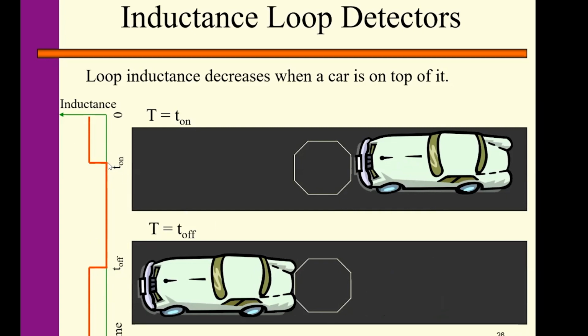Because of the inductance decrease, we can measure when the front bumper of the vehicle occupies the sensor and when the rear bumper leaves the sensor. We call it time on and time off.